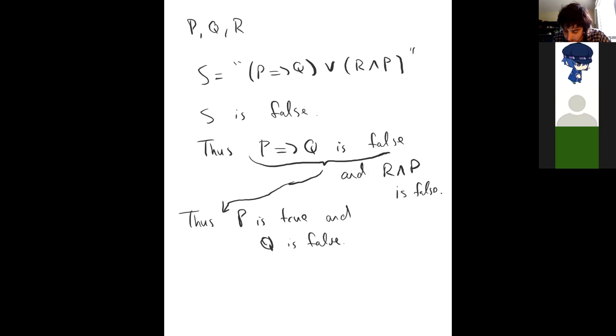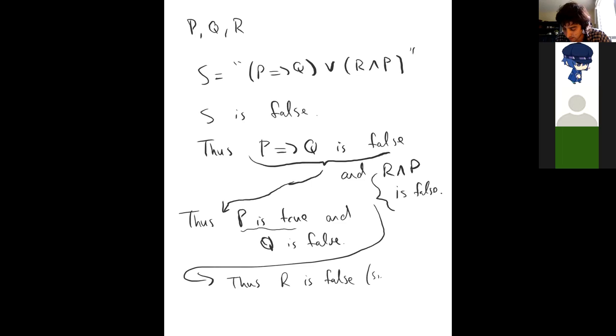And now R and P is false. This says that one of those 2 things is false. But we know that P is true, so this says that R is false, since P is true.